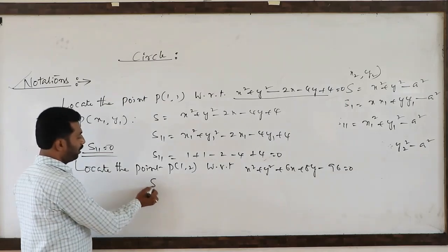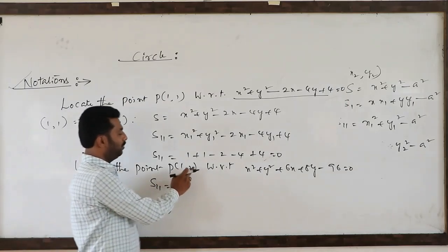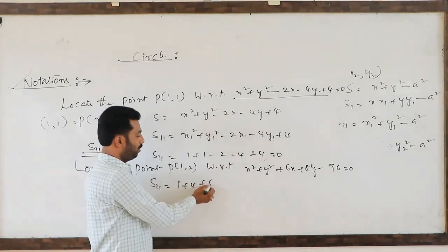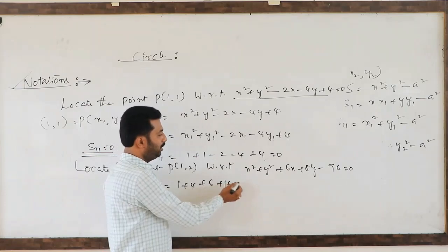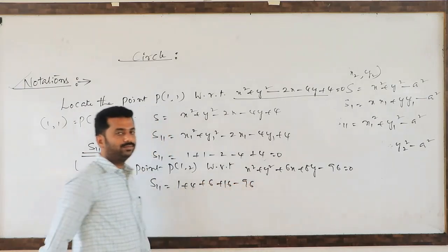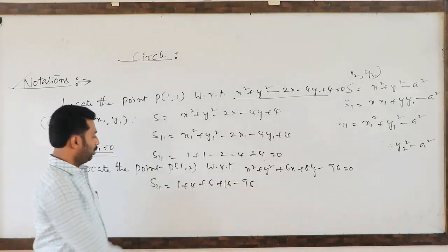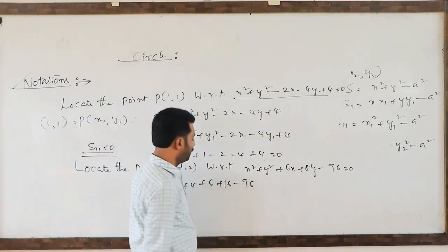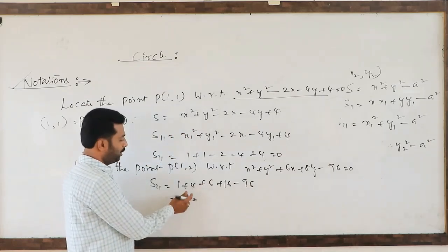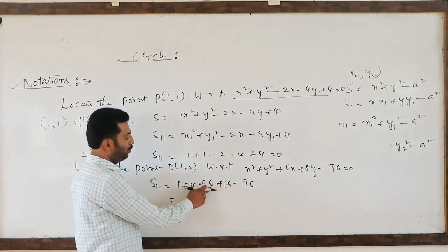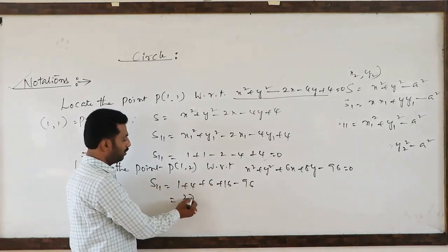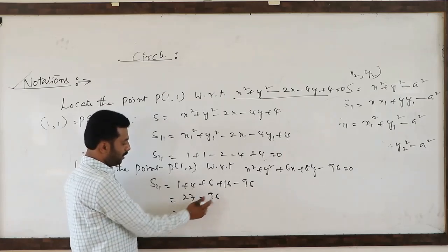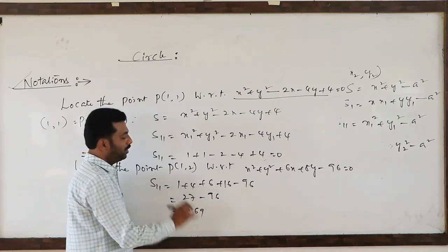Directly, S11 you calculate. x is 1, y is 2. If I substitute: 1 plus 4 plus 6 plus 16 minus 96. So this is 5, 11, 27 minus 96. This is minus 69.